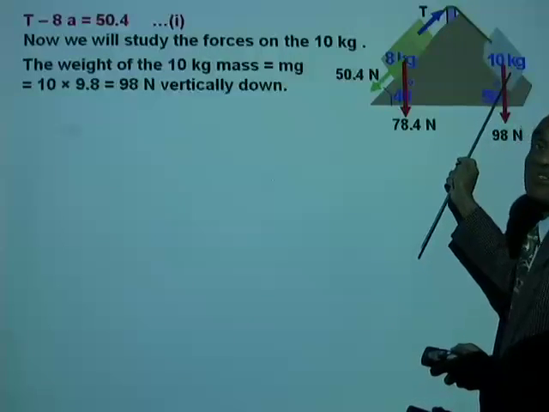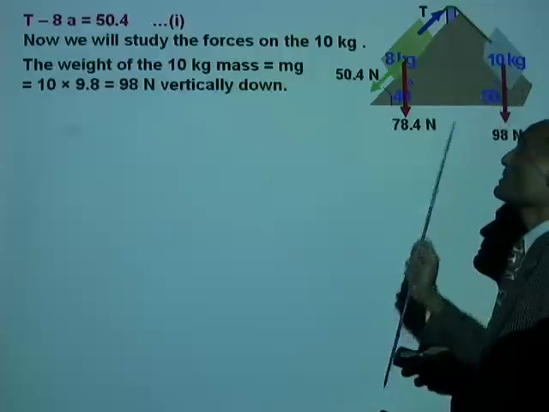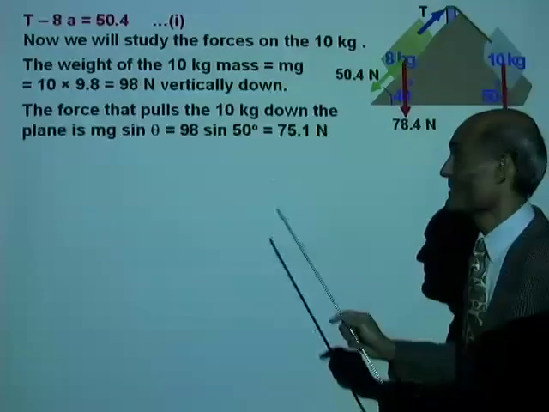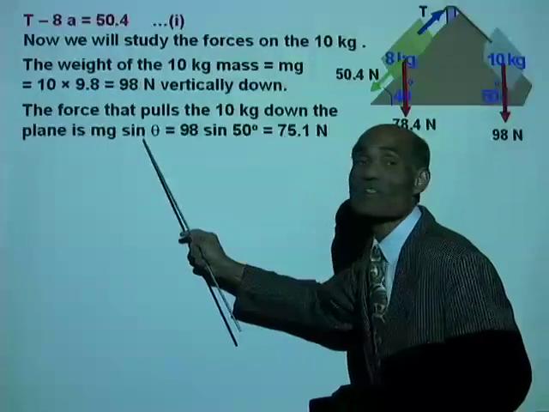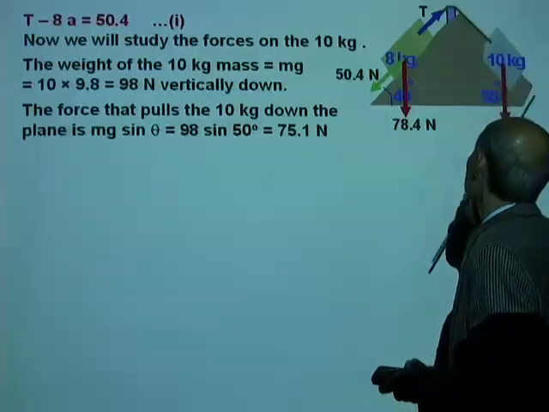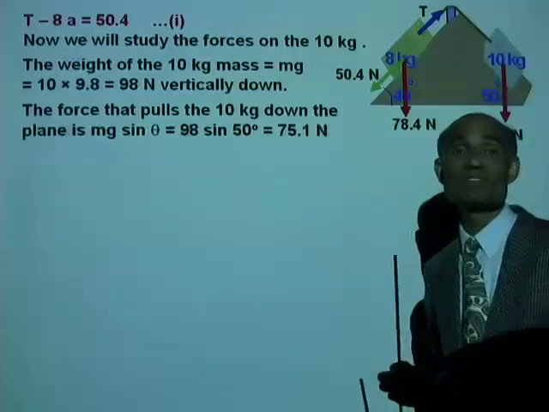Alright, what is the force that is pulling this 10 kilogram down the plane? That will be mg sine theta. That will be 98 sine 50 degrees, and that is 75.1 Newton.